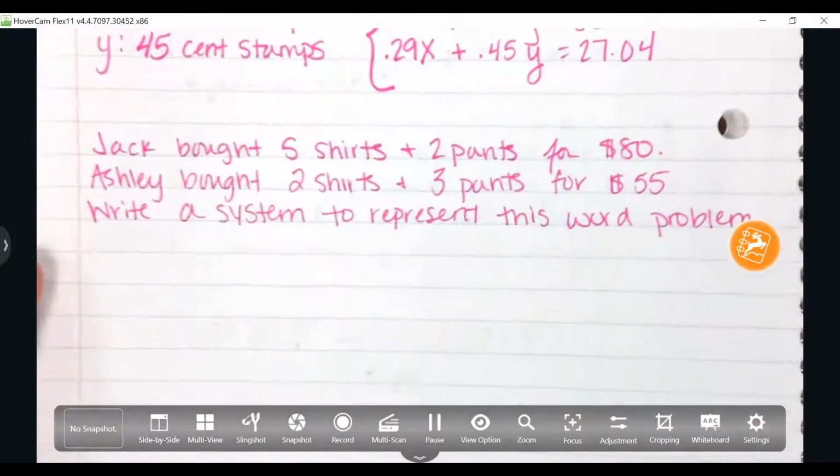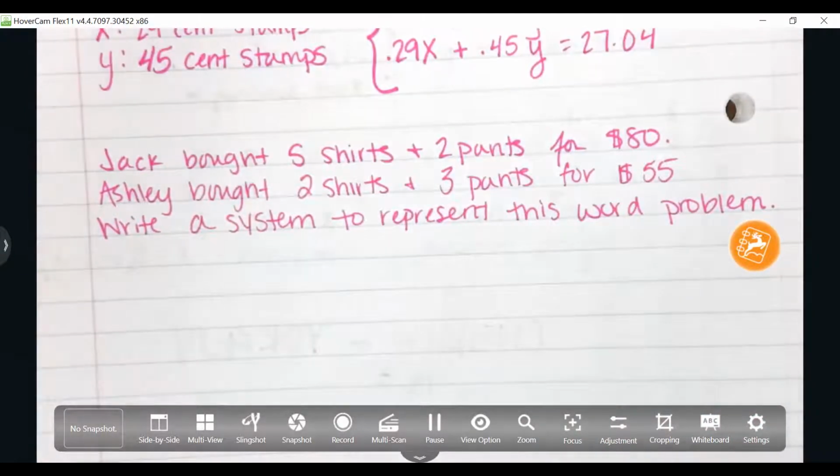So first thing I have to do is decide how many items do I have? So how many things are we talking about in this problem? No. We are talking about 2 things. What are the 2 things we're talking about? Pants and shirts.